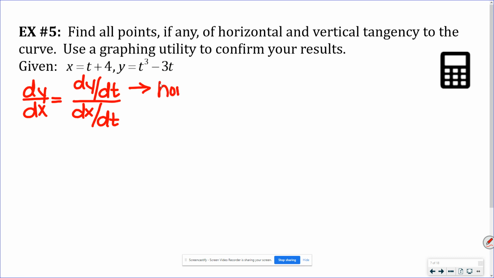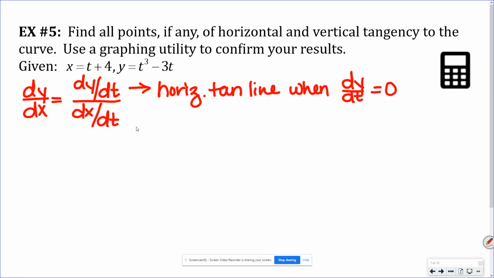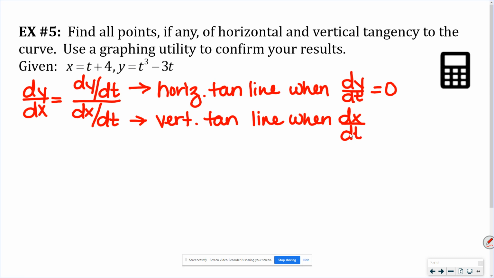So we have a horizontal tangent line when dy/dt is equal to 0. And then we have a vertical tangent line for a parametric function that will occur when the denominator is equal to 0, and that means in this particular case, dx/dt is equal to 0.